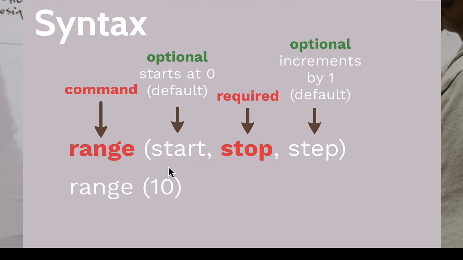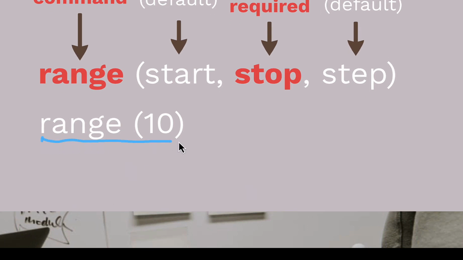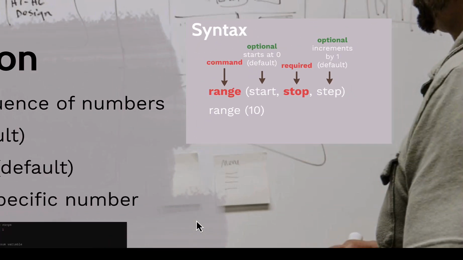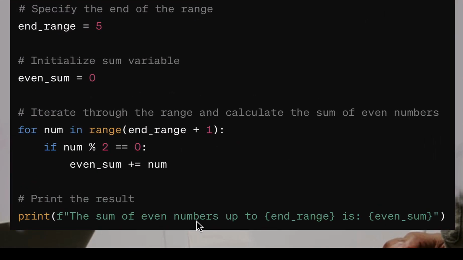In this particular example, when I have range of 10, that means that it's going to start at 0 and go all the way up to 9. So from 0 to 9, those are 10 values that it's going to cycle through.